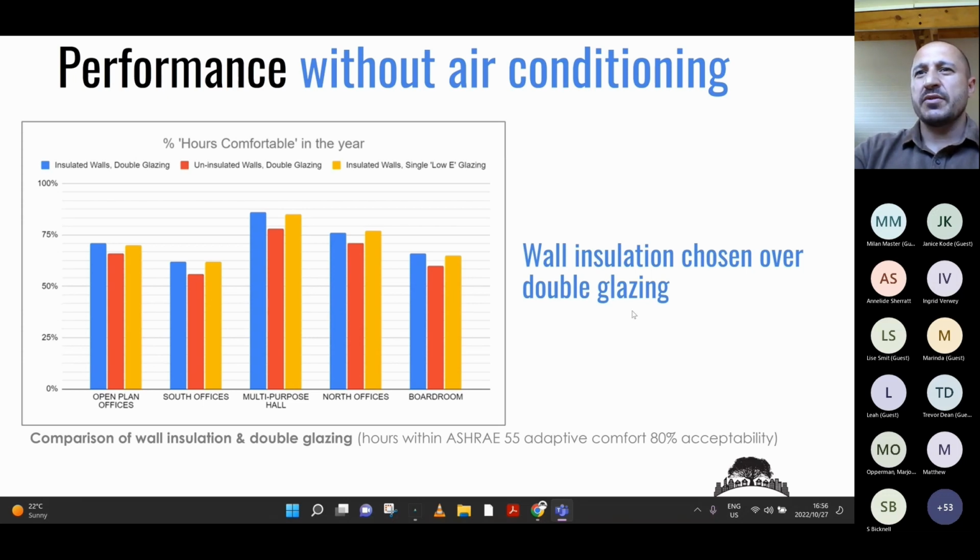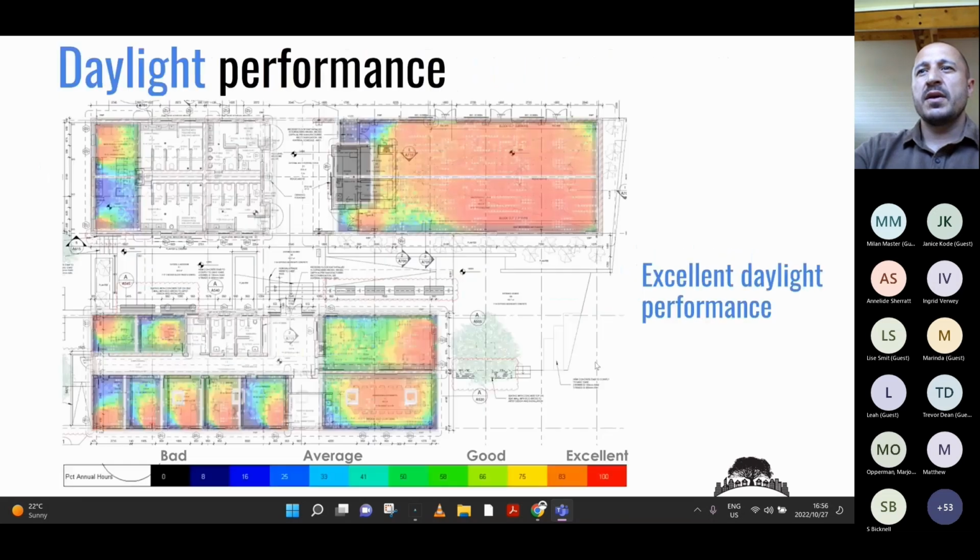We had quite small glazing ratios, and we're not sitting next to a lot of facades. So we're going with wall insulation over double glazing in this scenario. Finally, Chilu spoke about daylight, but we run the daylight analyses as well, and ensure that our daylight performance is good in the building.